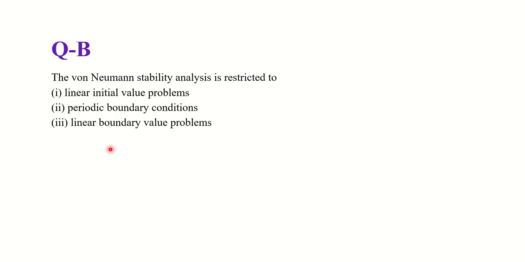It is an approach where we arrive at the stability criteria. Mainly in numerical analysis, von Neumann stability analysis is a procedure used to check the stability of finite difference schemes as applied to partial differential equations. So basically here we are checking the stability of the finite difference schemes when applied to linear partial differential equations.